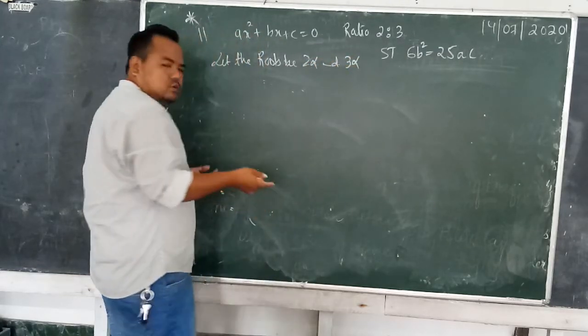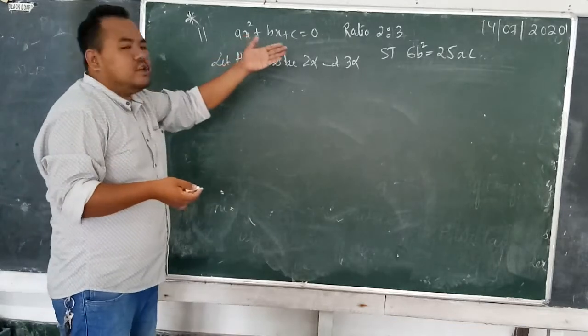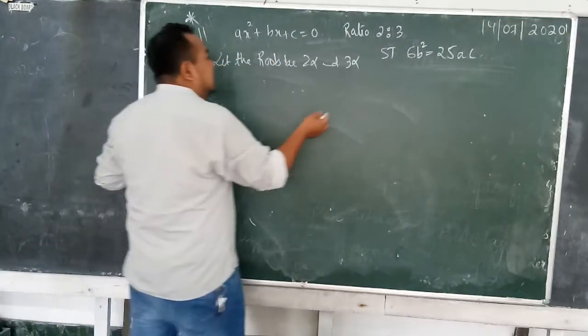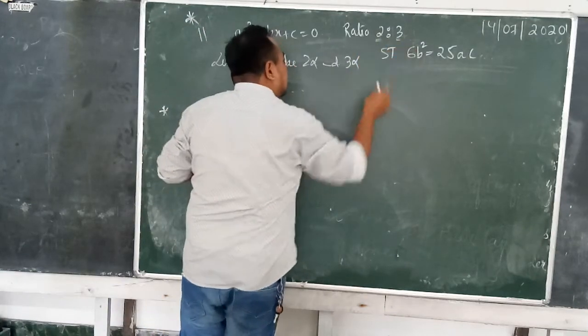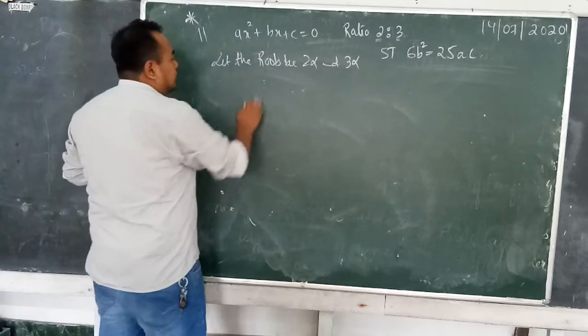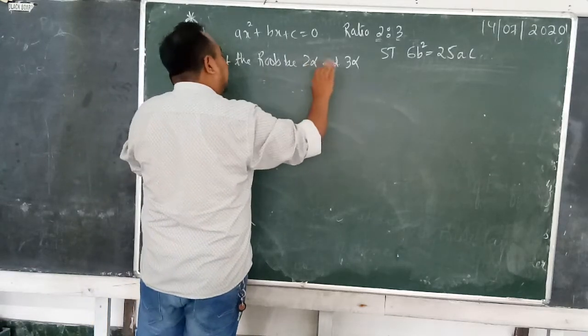I could have used x also, but since x is in the equation, we are taking the roots as alpha. So once again, if you need to convert a ratio into a number, you just have to multiply with the same quantity. So I multiplied with alpha. So let the roots be 2 alpha and 3 alpha.